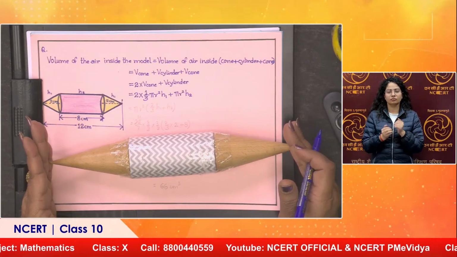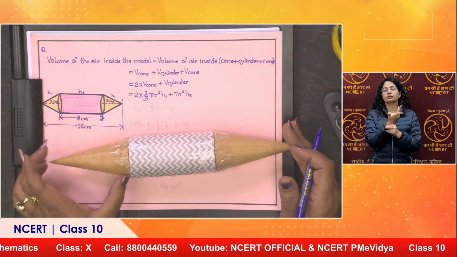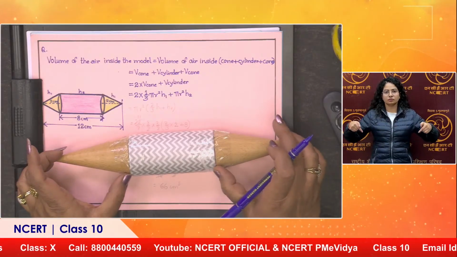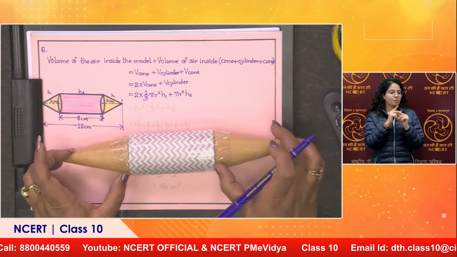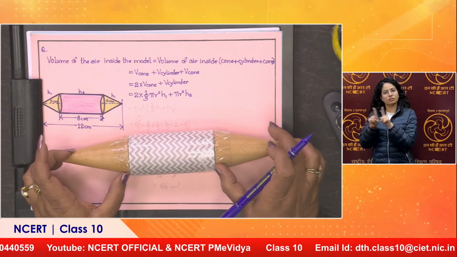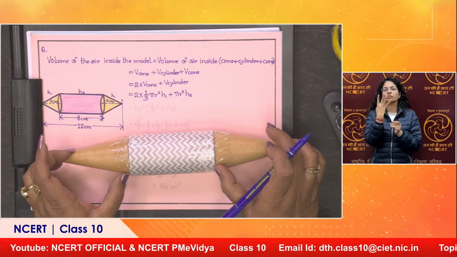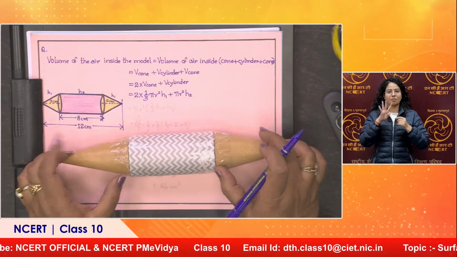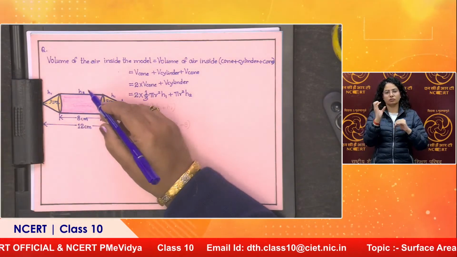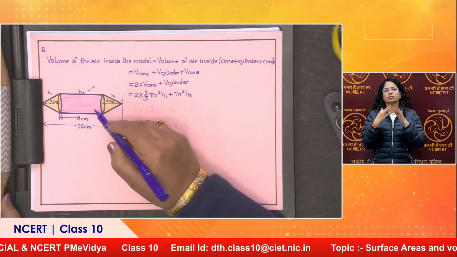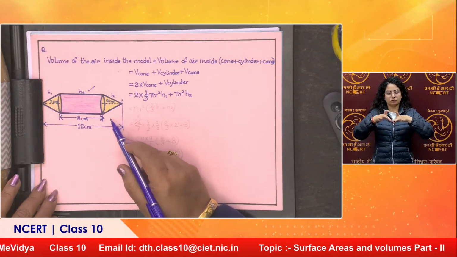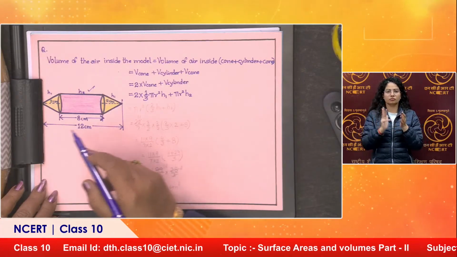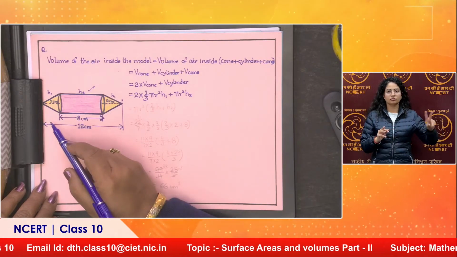Okay. And Renuji, it is mentioned that the height of the two cones is 2 centimeters each. So, this is 2 centimeters, here also 2 centimeters, it becomes 4 centimeters, and children, if I subtract 4 from 12, I get 8 centimeters, which is the height of the cylindrical portion. So, the height of the conical portion is 2 centimeters this side and 2 centimeters on the other side also.